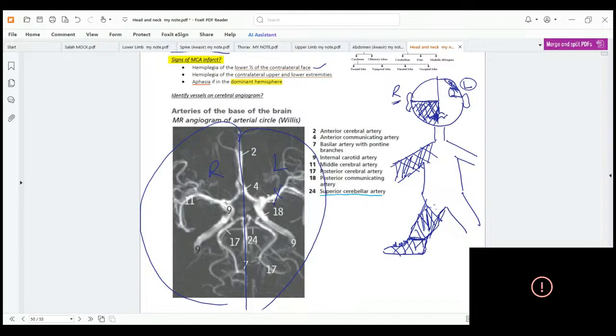24, where is 24? 24, superior cerebellar artery.